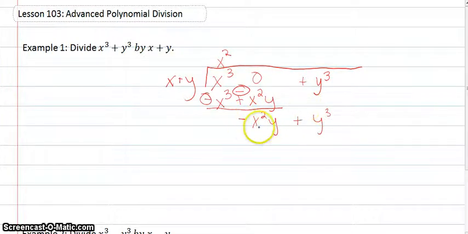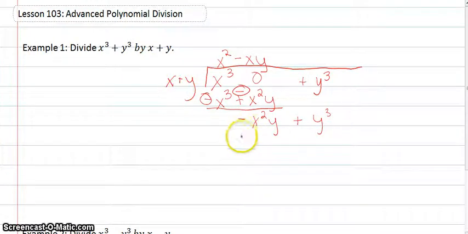And then I'll divide, again, the first term by the first term. So we just start this cycle over again. So negative x squared y divided by x is a negative xy. Okay, and then I'll multiply the negative xy to the x and the y.